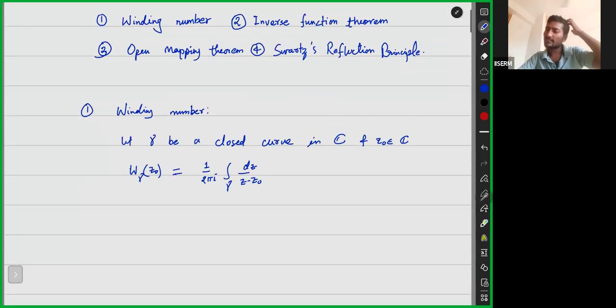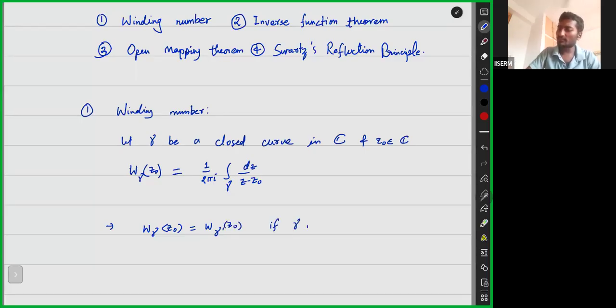So this way the winding number was defined, and there were some results that W gamma of z naught is equal to W gamma prime of z naught if gamma and gamma prime are homotopic as closed curves.